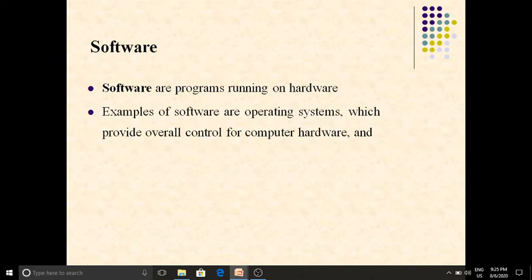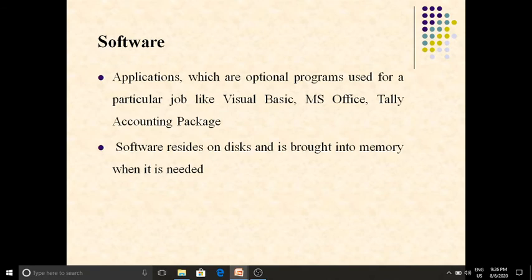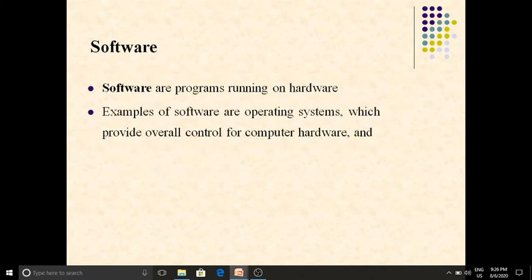Examples of software are the operating system, which provides overall control for computer hardware, and applications, which are optional programs used for a particular job. An operating system is a must for operating the computer system.